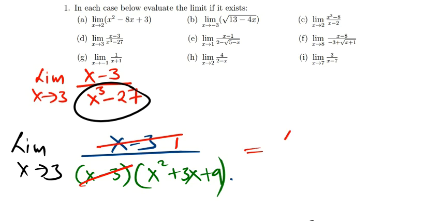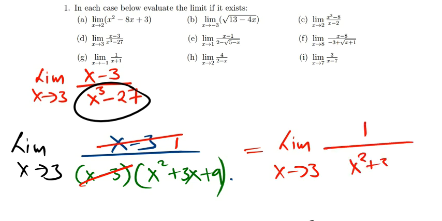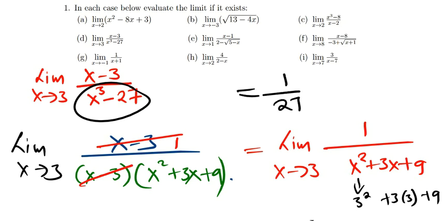So we have the limit as x approaches 3, 1 over x squared plus 3x plus 9. And you're now at liberty of just substituting your values, right? 3 there, 3 squared, that's going to be a 9. 3 times x, that's going to be a 9, plus 9, so that's going to be 27. So giving us 1 over 27. Yeah, that's it.